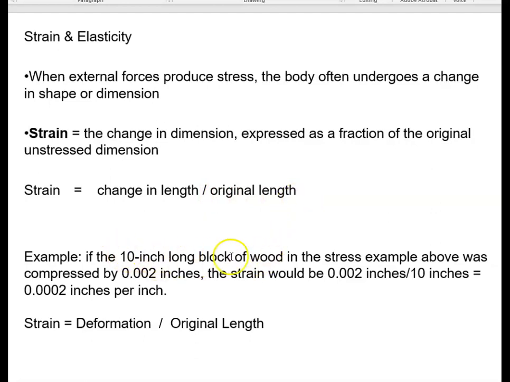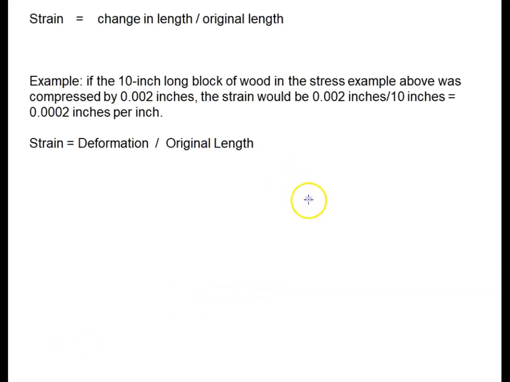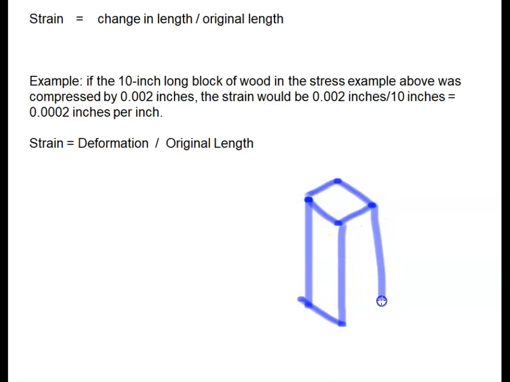Okay, so we have our 10-inch long block, and it is compressed by 0.002 inches. I'm just going to jump back and draw that. Again we have our block of wood, 2 by 2, with 1,000 pounds coming down.